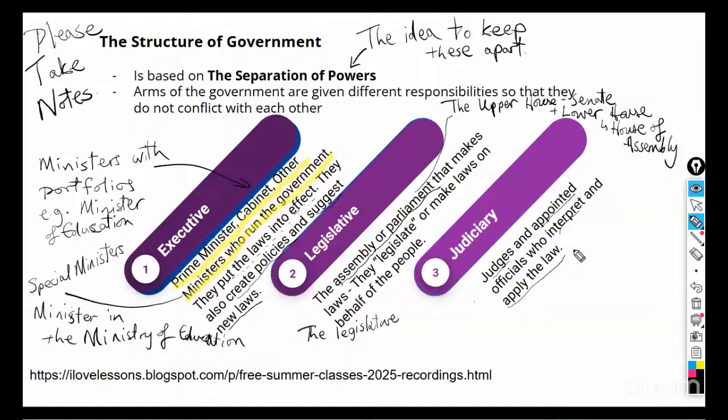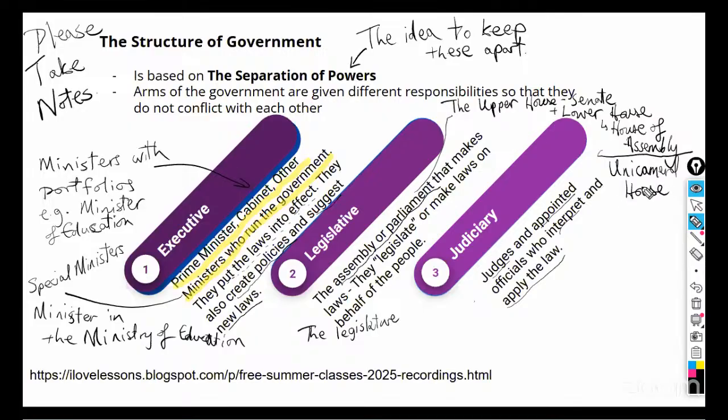Okay, think about if you're confused. In some places, this legislative, like here, it's split into two. But in some countries, the house could be what's called unicameral. Right?